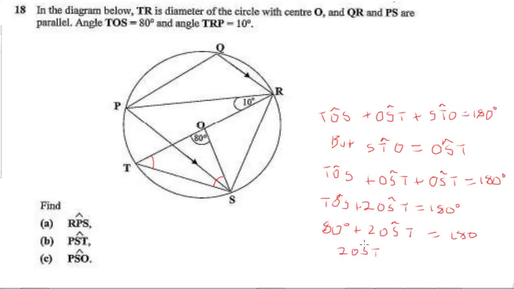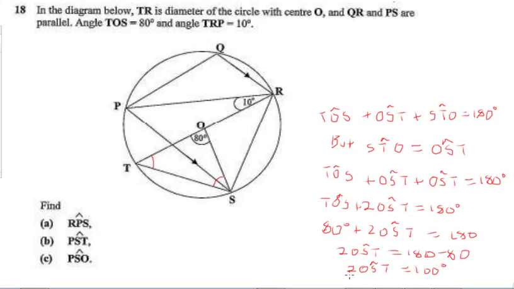This goes to the other side and we have minus 80. And we have 2OST being equal to 100 degrees.